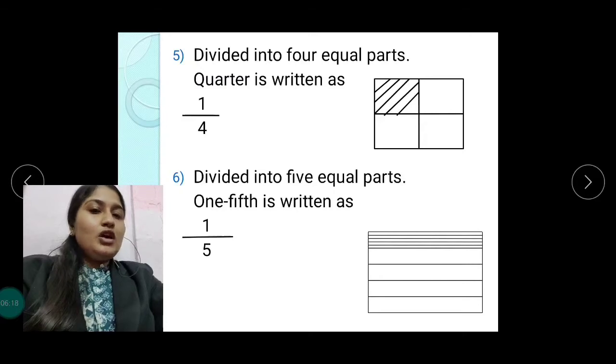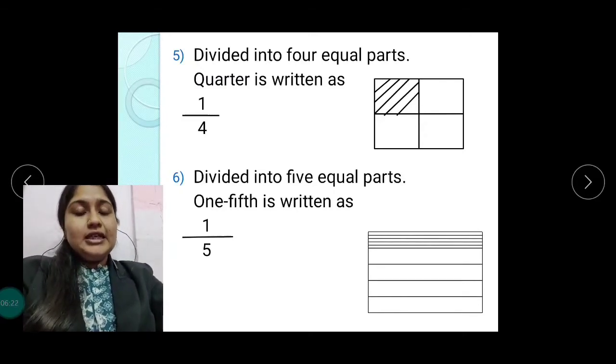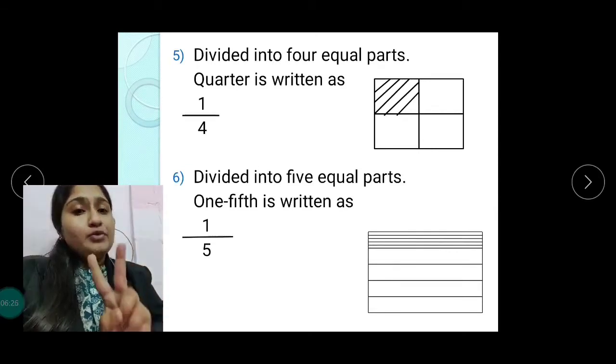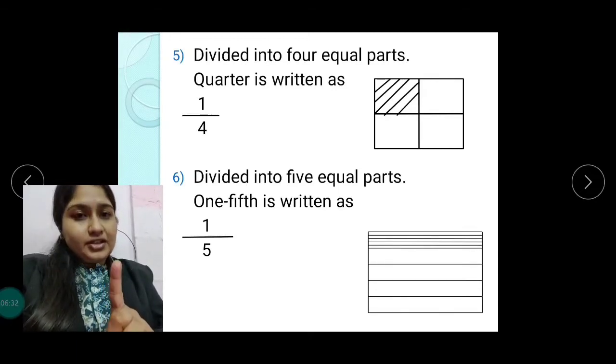Okay. So now my dear students, in this chapter there are basically two types of exercise. The first exercise is you have to write down the fraction.